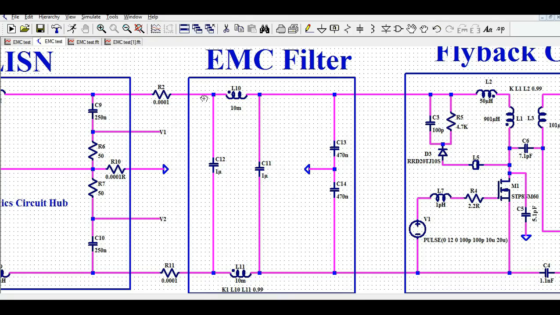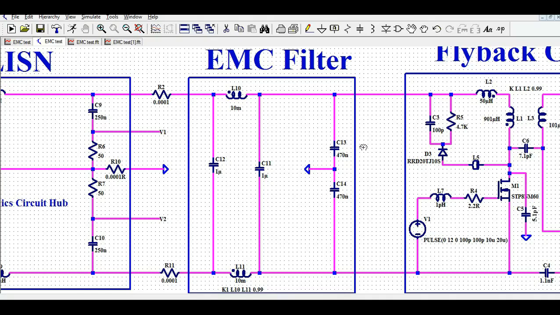So the common mode choke along with the Y capacitors C13 and C14 filter out or attenuate the common mode noise, and the leakage inductance of your common mode choke along with the X capacitors C11 and C12 helps to attenuate the differential mode noise.